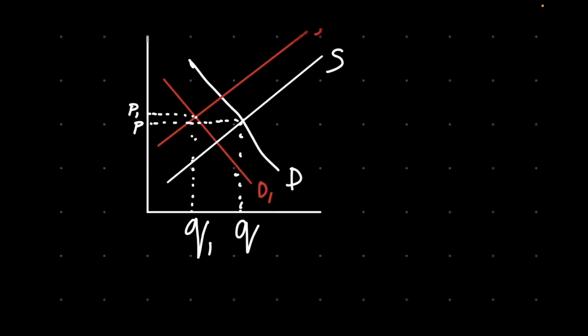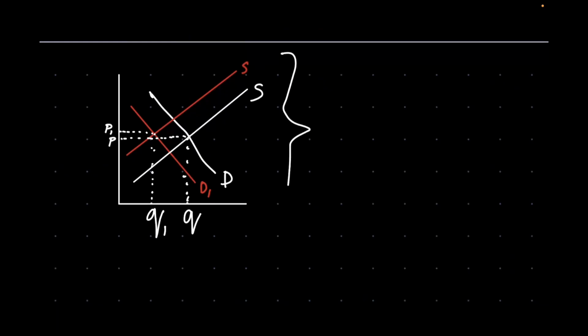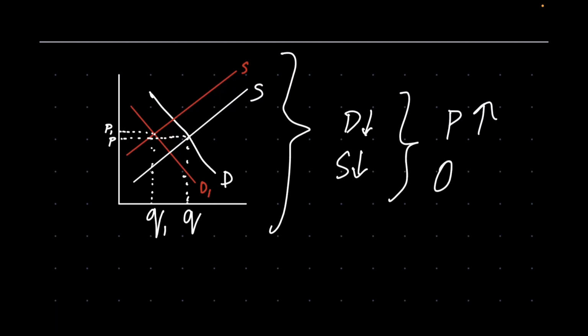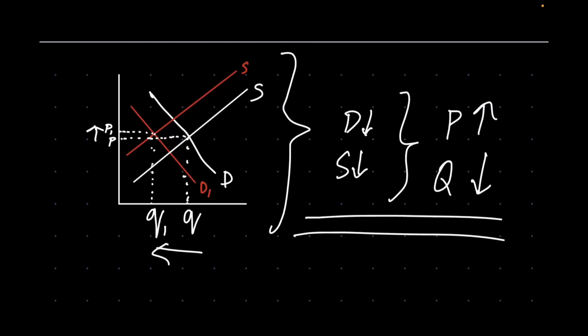Essentially, if you can see, when both demand and supply fall, it leads to prices rising and quantity supplied and demanded falling. What does this indicate? This clearly indicates that when both demand and supply deteriorate, the economy performs worse.